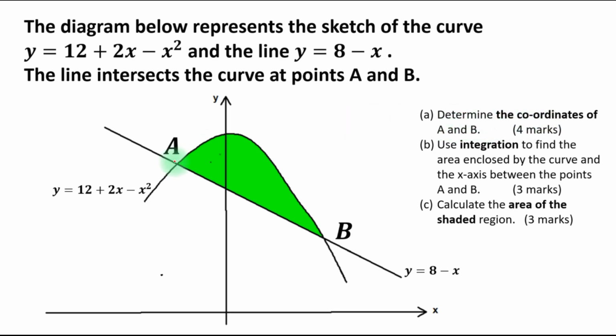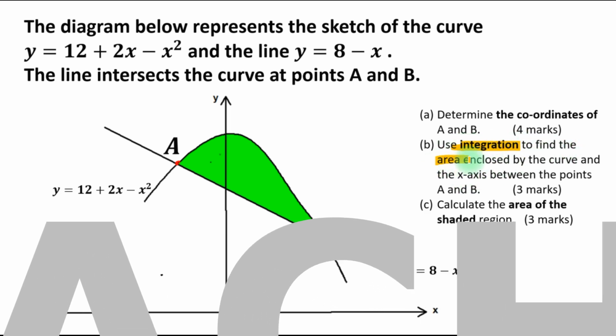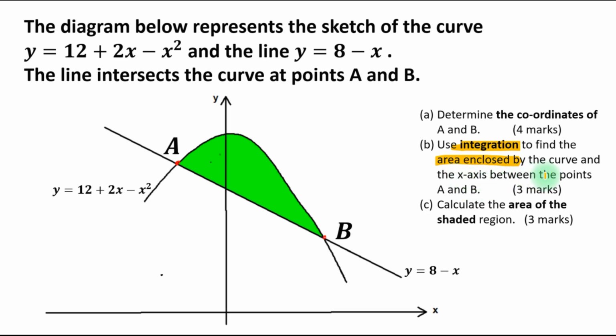Therefore, we are required, in part A of the question, to determine the coordinates of point A and also point B, that is the intersection of the quadratic graph and the linear graph. And then part B of the question, we are going to use integration to find the area enclosed by the curve, the x-axis, and the points AB.